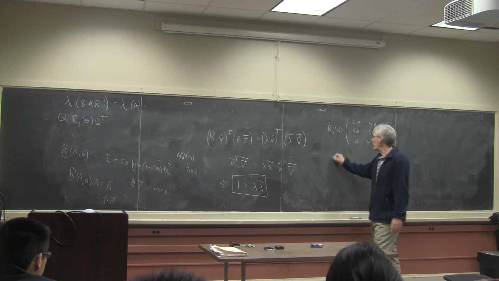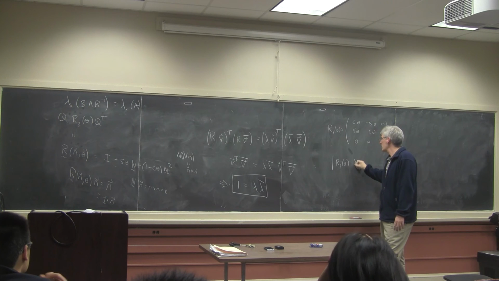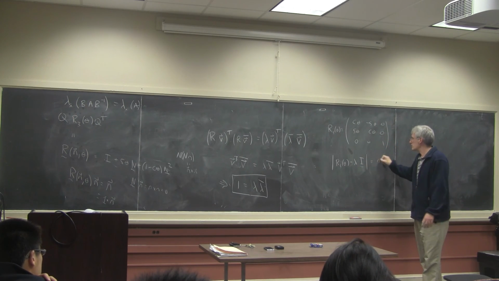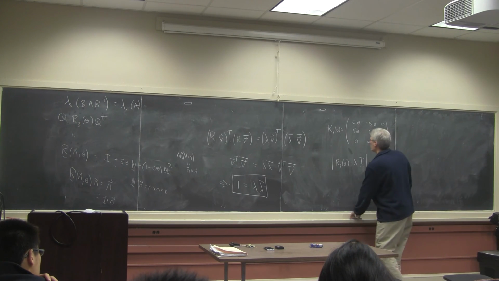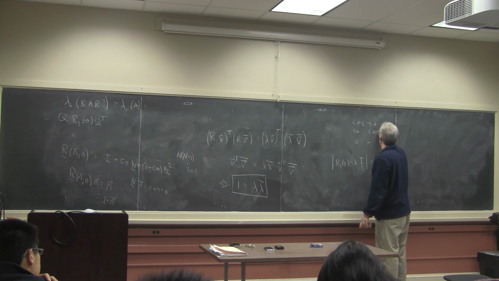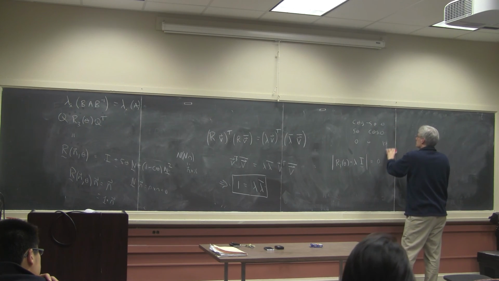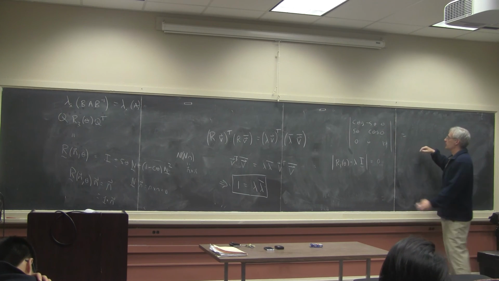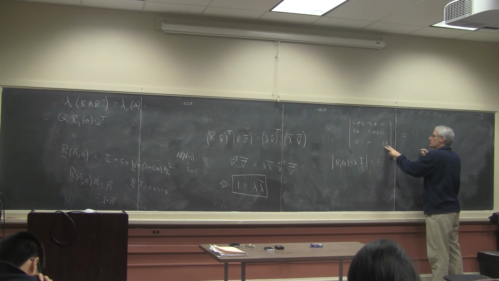So we calculate the determinant of R3 of theta minus lambda times the identity, and set that equal to 0. That gives us a characteristic equation. We subtract lambda along the diagonal and calculate this determinant. This is easy because we have rows and columns intersecting that have zeros except for here.